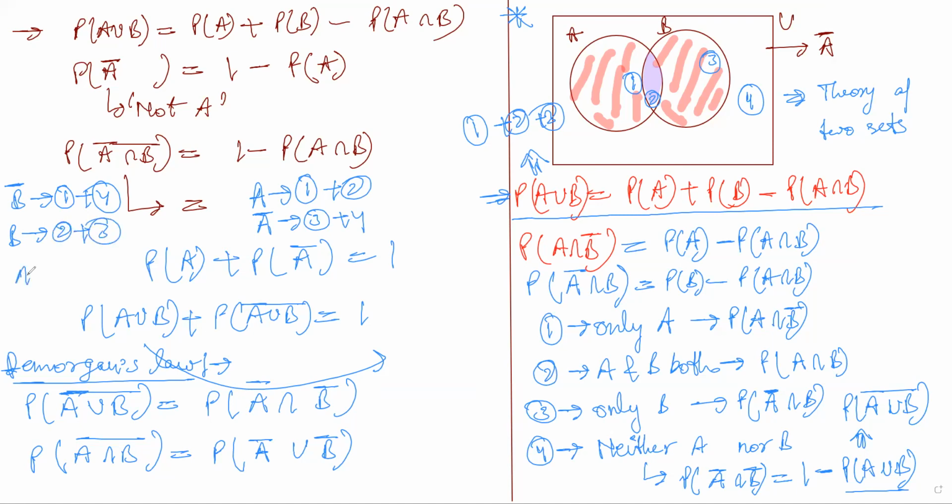Can you tell me the portion under this? A complement intersection B complement. Intersection means common. So you have to find the common portion between A complement and B complement.